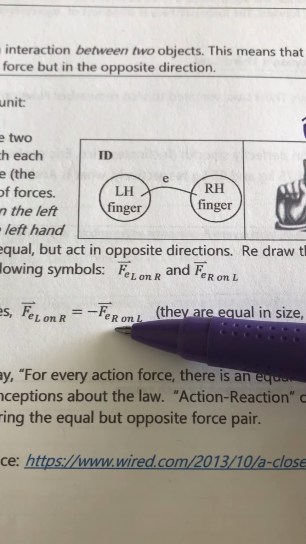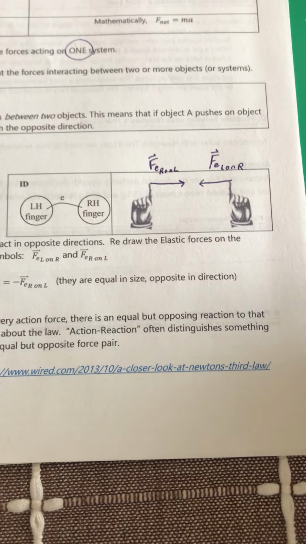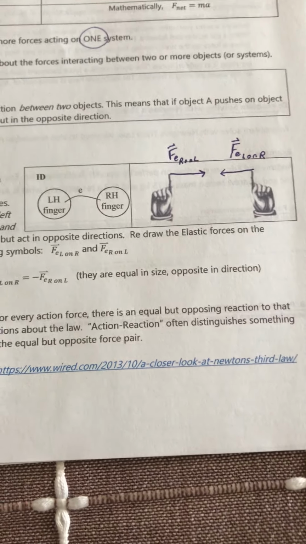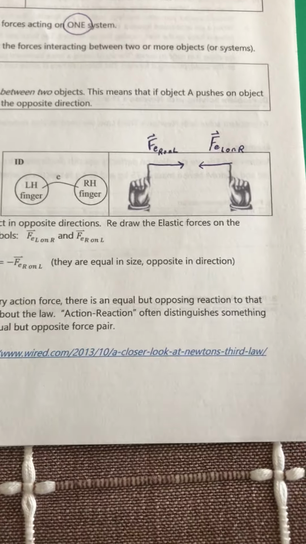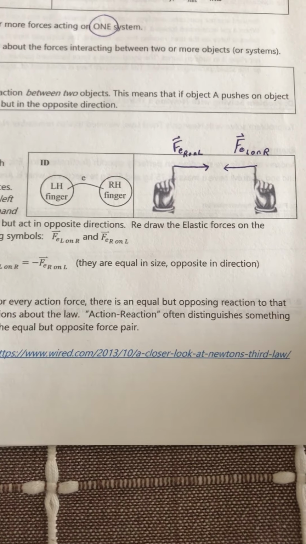They're equal in size but opposite in direction. We're going to see what this looks like mathematically in a little bit. Like I said, it's a bit non-intuitive to understand what it means to be one force but two forces, if you know what I mean. So I will be providing a couple of extra videos here to help you understand this.